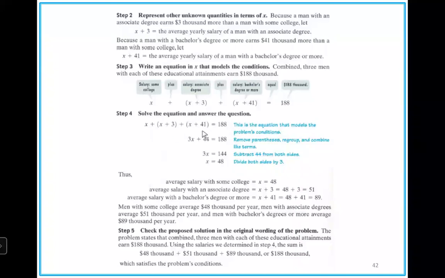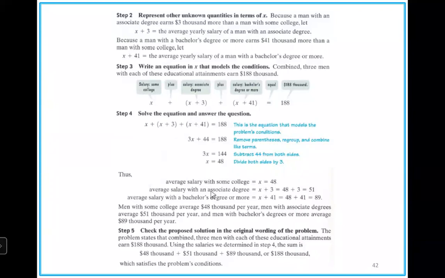So combine all the like terms together, that would be 3X plus 44 equals 188. So 3X is 144. So X would be 144 divided by 3, which is 48. So the average yearly salary with some college is equal to X, which is equal to 48.